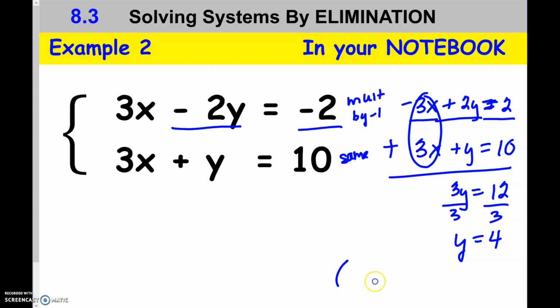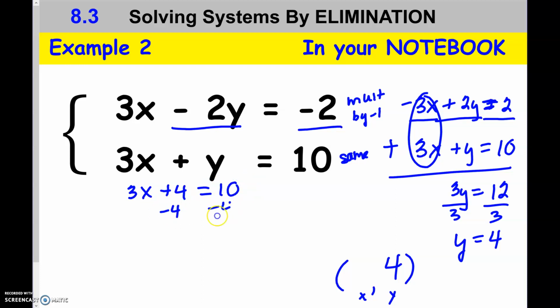So in my final answer, when I put in y is 4, remember we always write ordered pairs x, y, so 4 goes in the last blank. All right, I'm going to plug that 4 in, and it doesn't matter which equation I use, so I'm going to use the bottom one. 3x plus 4 equals 10. So this is just a two-step equation.